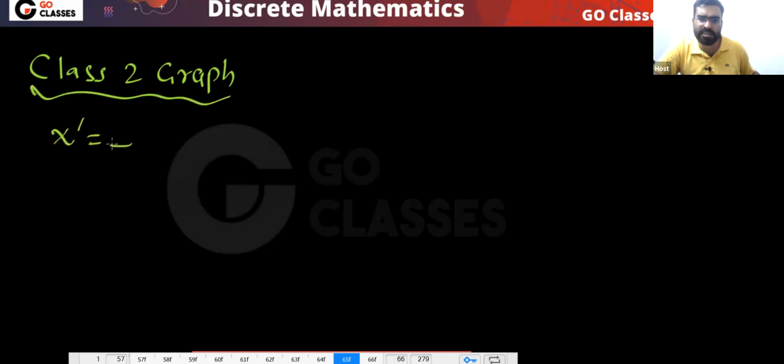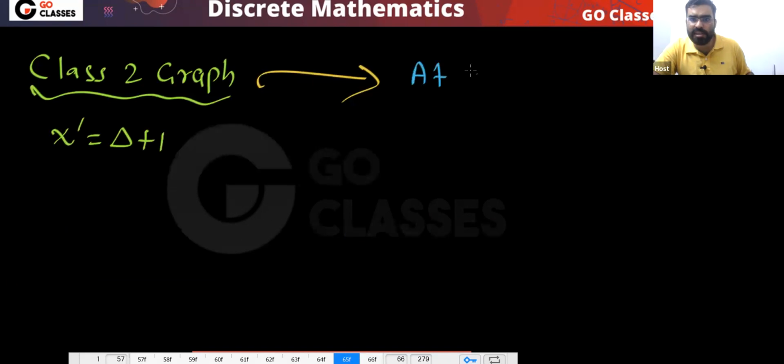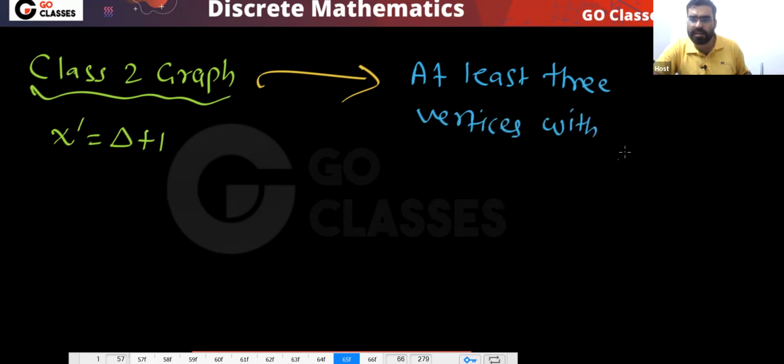If you have a class 2 graph, meaning the edge chromatic index is equal to delta plus 1, then at least 3 vertices must have maximum degree.